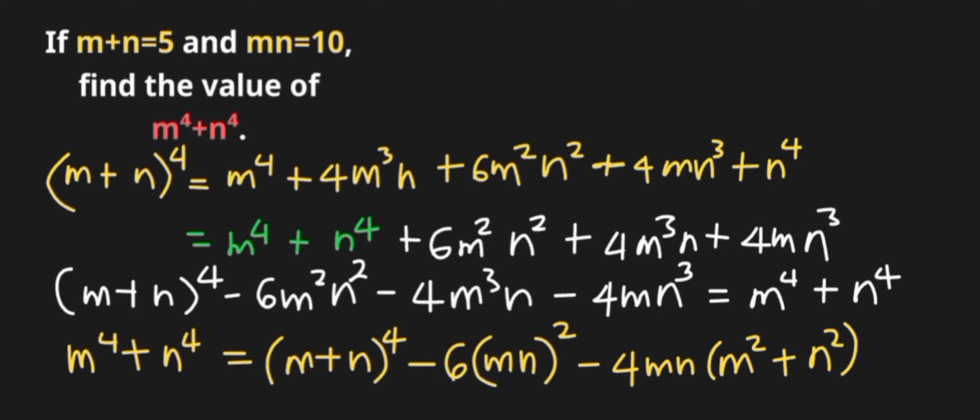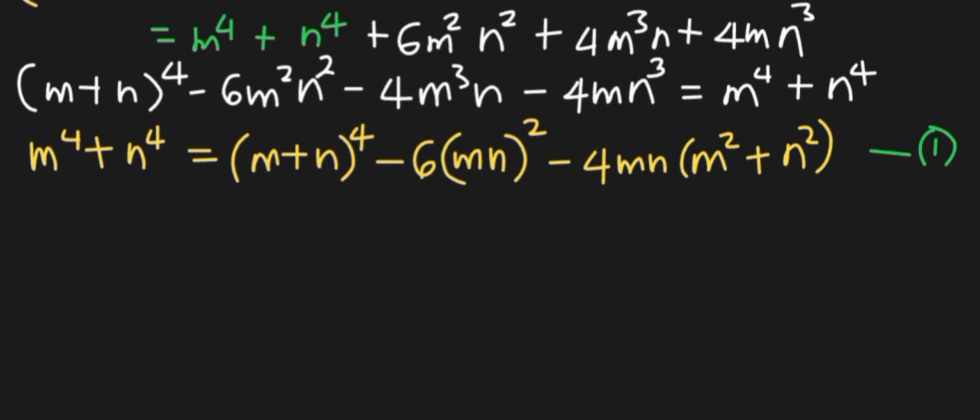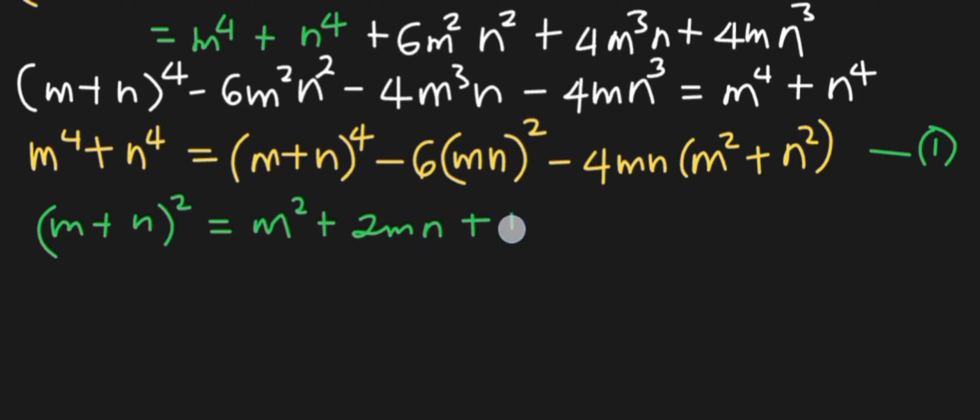But first, let us call the expression that we have arrived at last here equation 1. Now, to deal with m squared plus n squared, let us take the square of m plus n. Then opening this up, we have m squared plus 2mn plus n squared. So visibly, we already have m squared plus n squared.